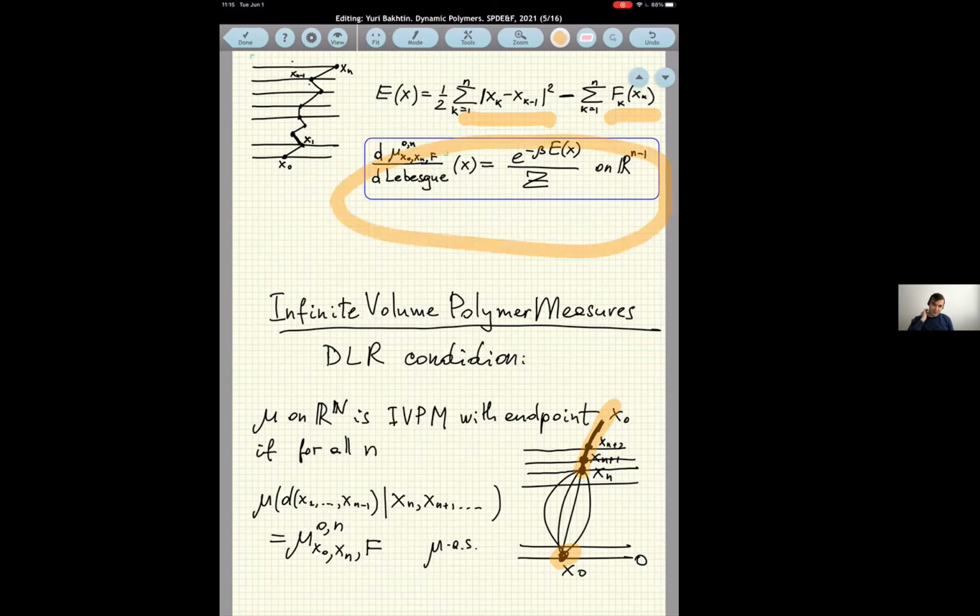This is a standard way to define infinite volume Gibbs measures: they are defined by a system of conditional distributions on finite boxes.